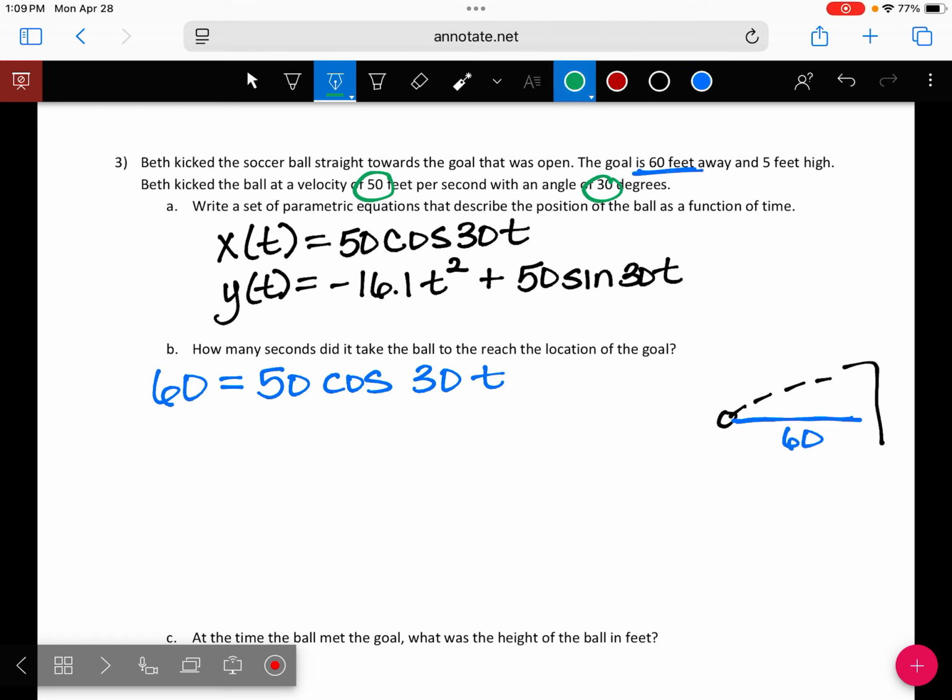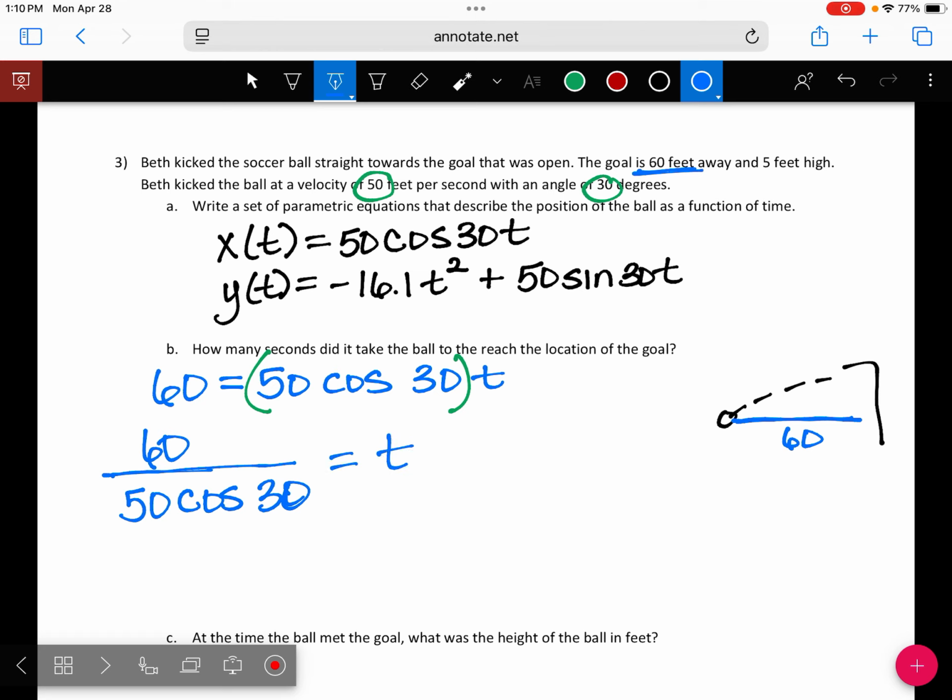And remember, this is one whole number. So you're simply going to divide both sides by that. 60 divided by 50 cosine 30. That's going to tell us how much time it takes for it to reach the goal.